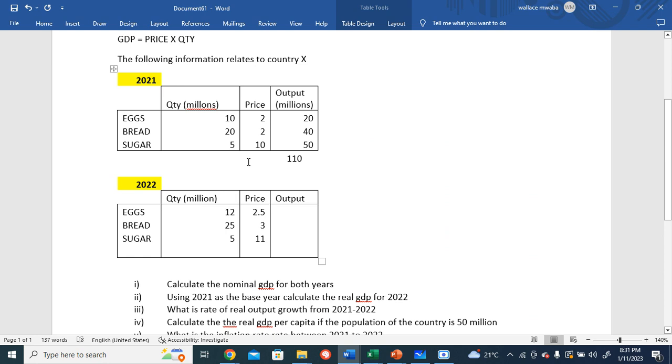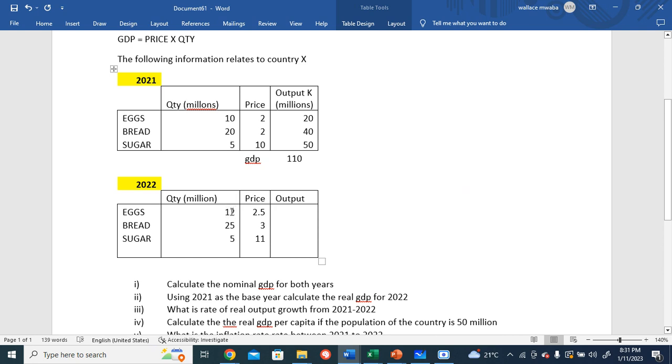That's going to give us 110 million kwacha. So this is our GDP. It is in kwachas. So that's the nominal GDP for 2021.